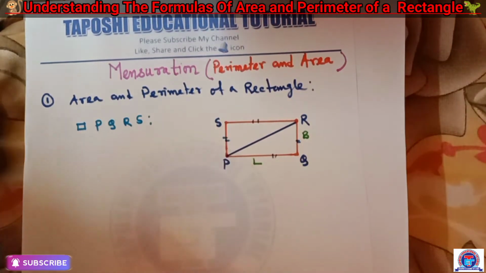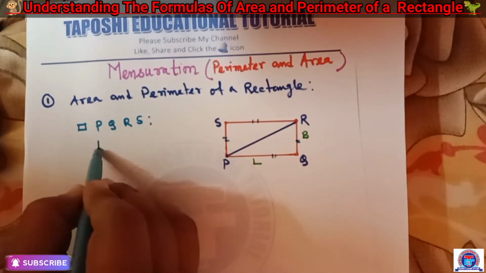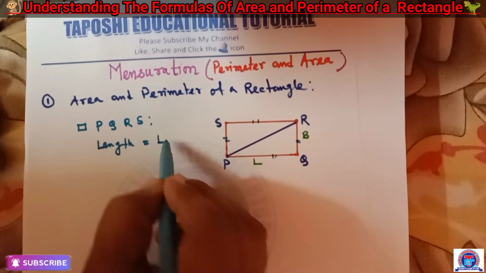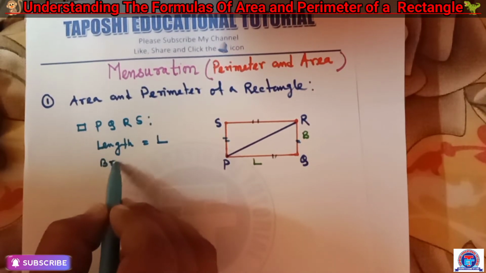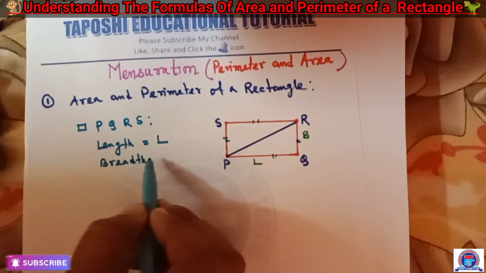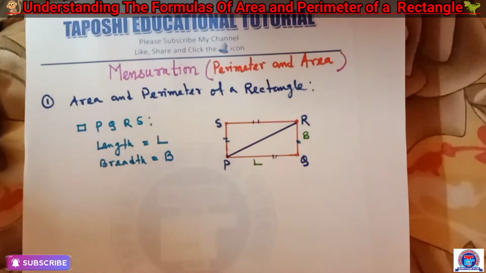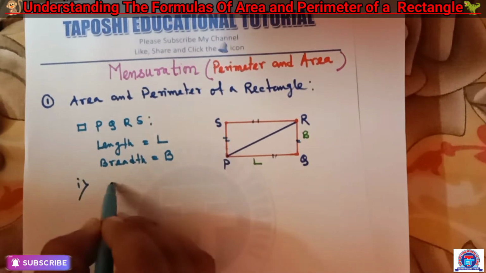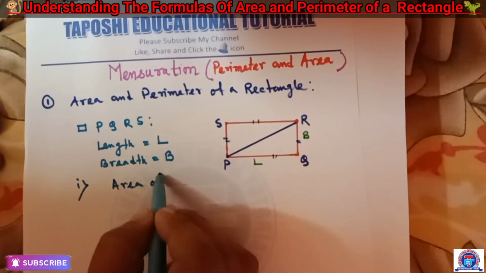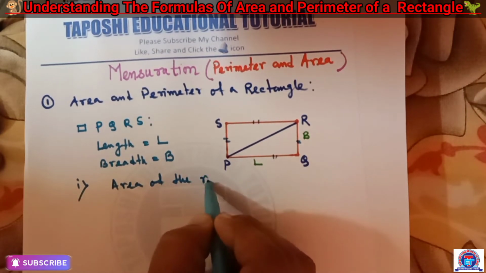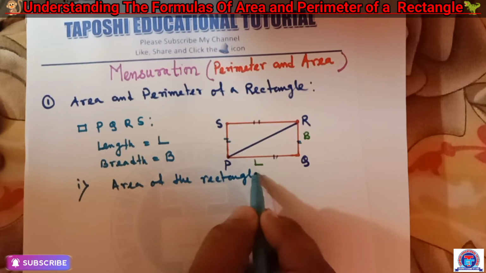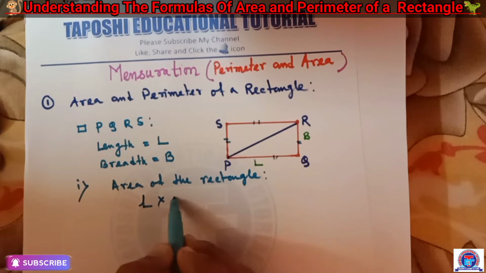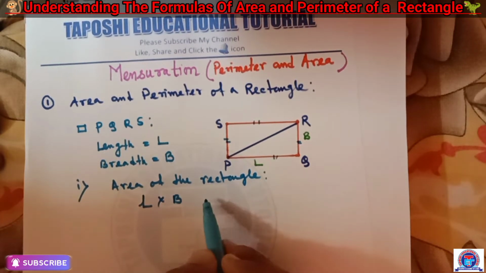Correct? So we write length is equal to L and breadth is equal to B. So area of the rectangle, number 1, area of the rectangle is length into breadth, square unit.